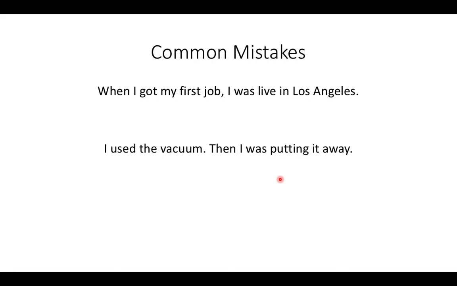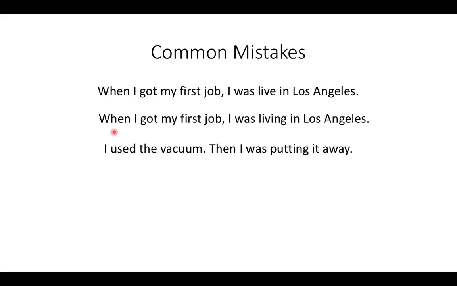So here are some common mistakes that people make when they are using it. So, when I got my first job, I live in Los Angeles. This one is wrong. We need to say, when I got my first job, I was living in Los Angeles. So was is in both of these, and both of these are talking about the past.